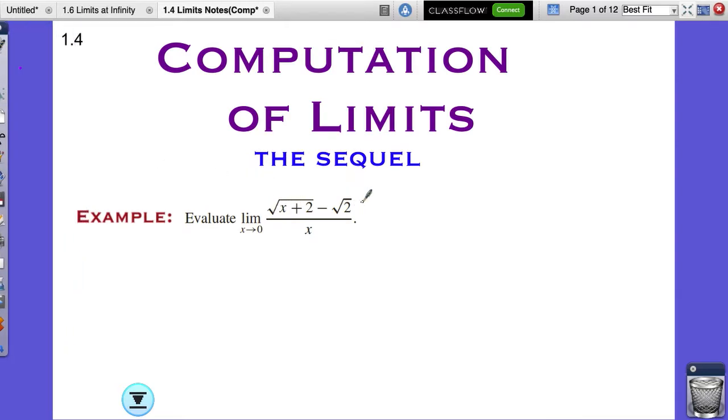Multiply by the conjugate. So we multiply by the square root of x plus 2 plus the square root of 2 in both the numerator and the denominator.